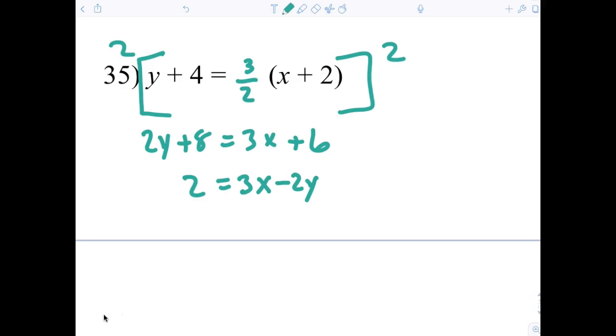Be careful. Now, here's where you have to be careful. I'm moving the 2y over here and the 6 over here. You got to keep that in mind. So it's 8 minus 6. So he's right, 2. All right, so then the final answer you just write down as 3x minus 2y equals 2.